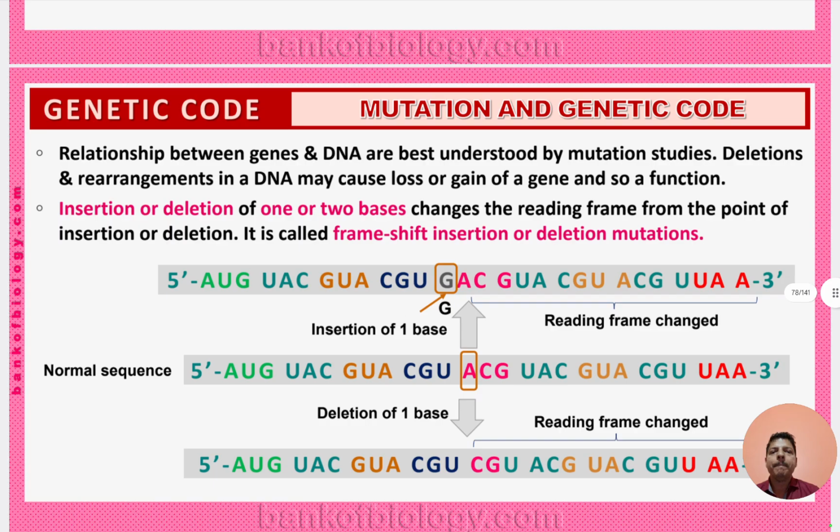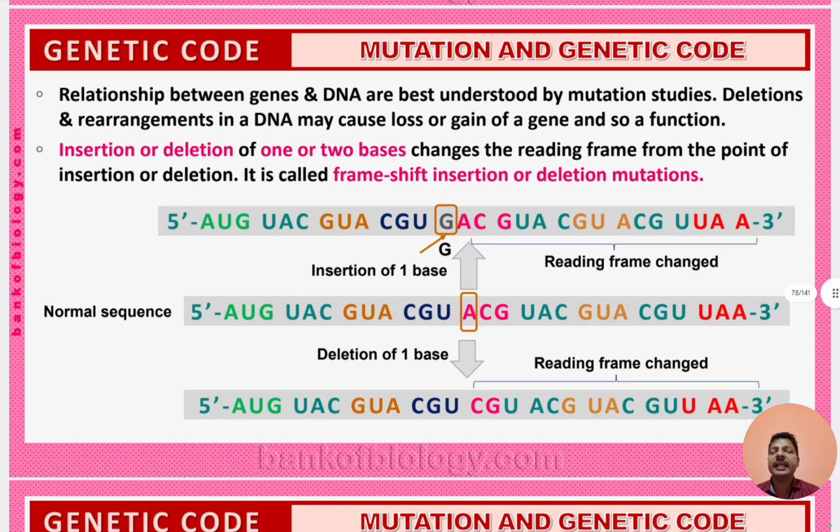Then mutation and the genetic code. The relationship between genes and DNA is best understood by mutation studies. Deletion and rearrangement in DNA may cause loss or gain of a gene and so of a function. Insertion or deletion of one or two bases changes the reading frame from the point of insertion or deletion.